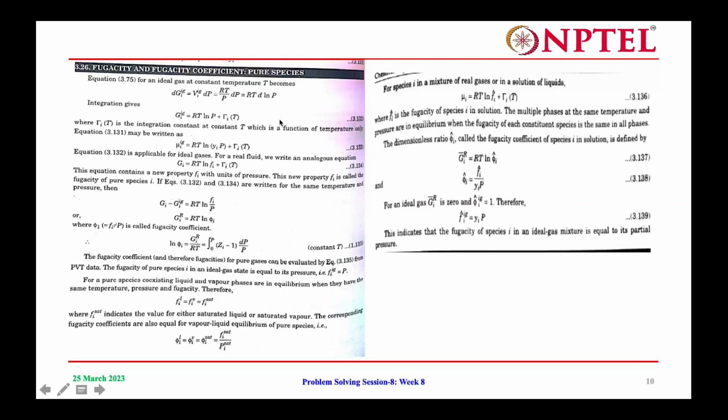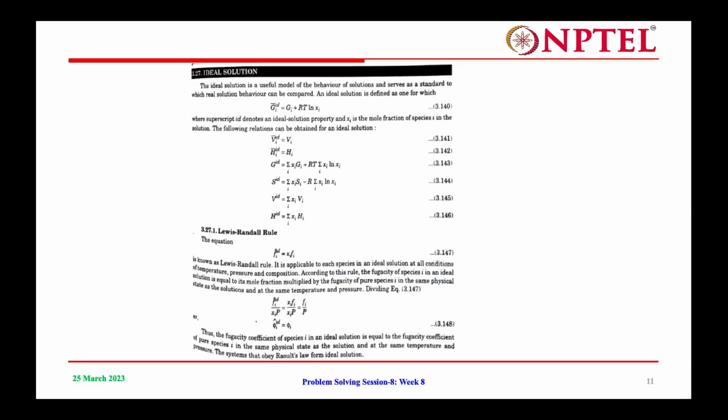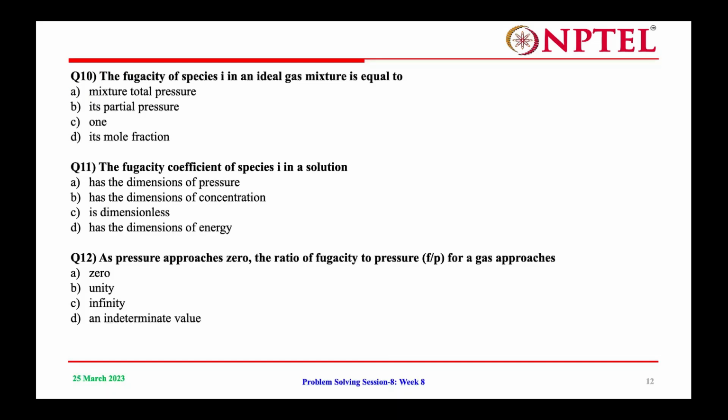So based on the fugacity coefficient and ideal solution, we will see some problems. Question 10: the fugacity of species i in an ideal gas mixture is equal to, with options of total pressure, partial pressure, and mole fraction.